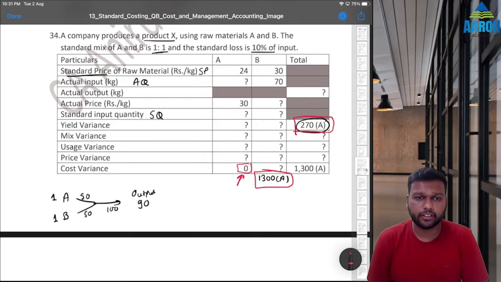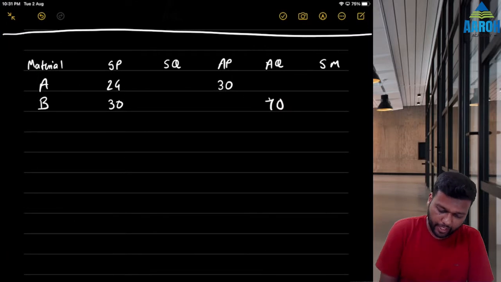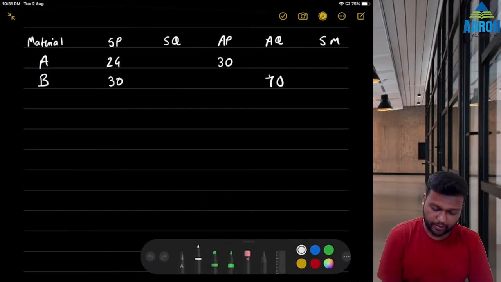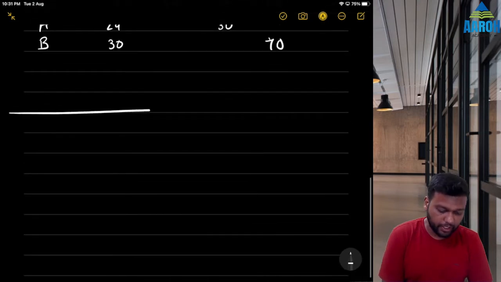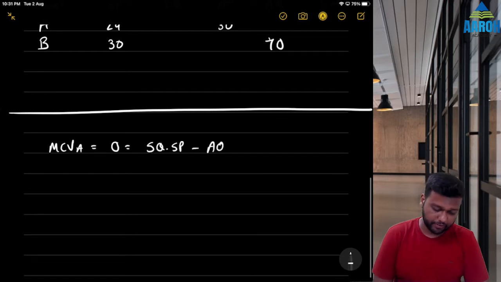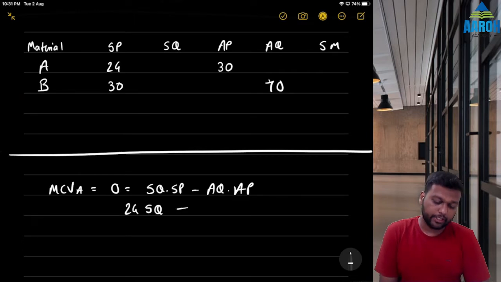Let's start with this. Material cost variance of A is 0. So let's solve it below this table. MCV of A is 0. What is formula of MCV? SQ into SP minus AQ into AP. Let's check if we have any of these figures. So SQ for A is not given. SP is 24. So 24 SQ minus AQ into AP.